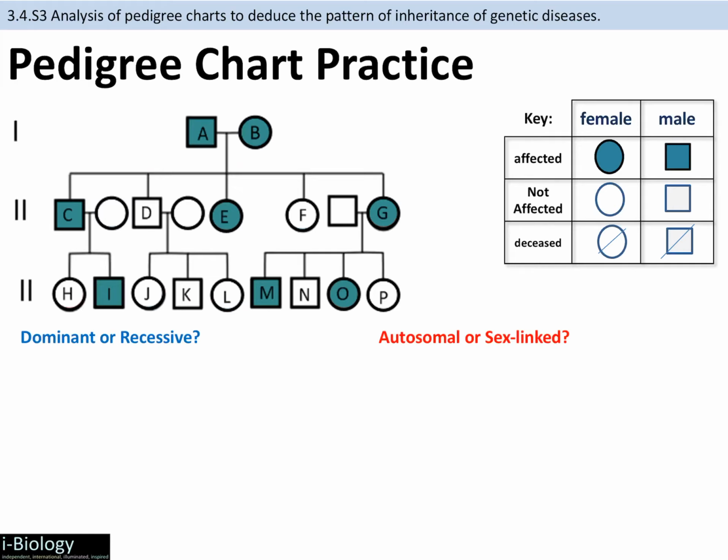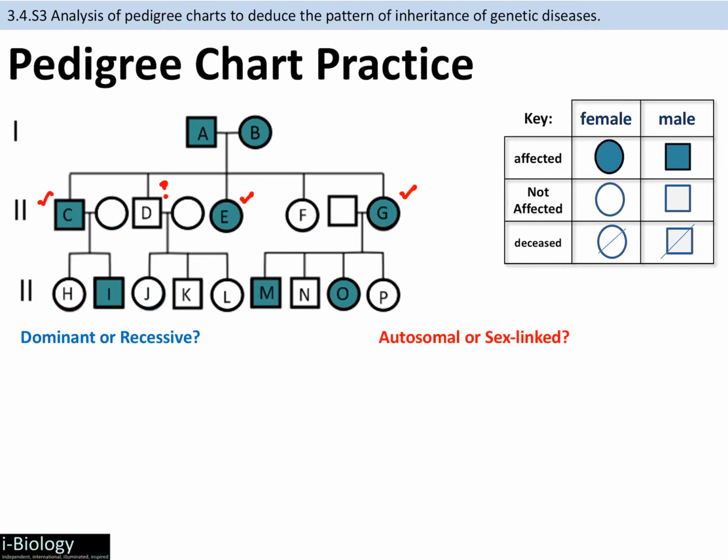No, dominant. Dominant? Okay, how do you identify it as a dominant trait? Because when A and B both are affected, C, E, and G, their offspring are all affected. Sorry. C, D is not affected. Oh, sorry, I didn't see D. Okay.